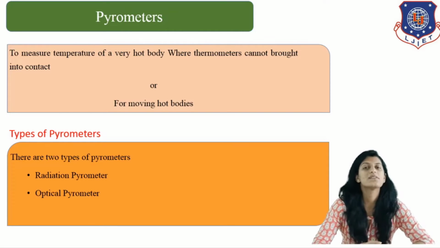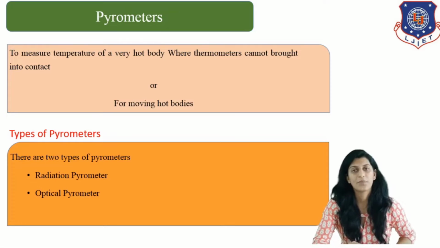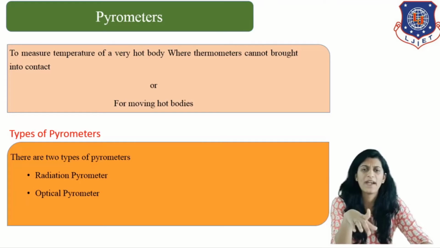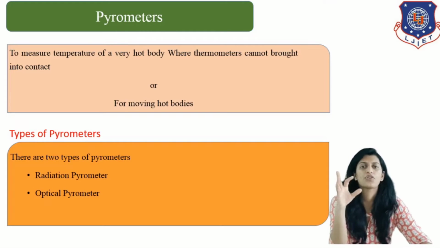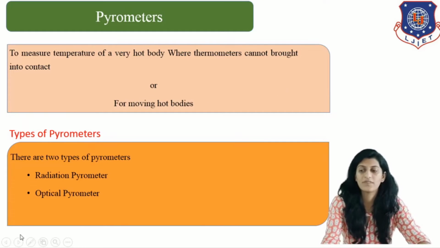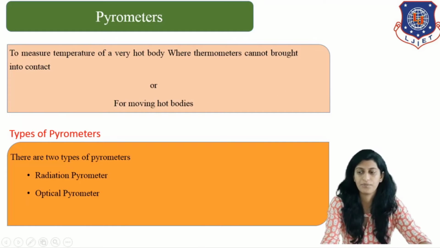Basically, pyrometers are of two types, radiation pyrometer and optical pyrometer. But there is also one more, known as photoelectric pyrometer. So, we will see all three of them in this session.